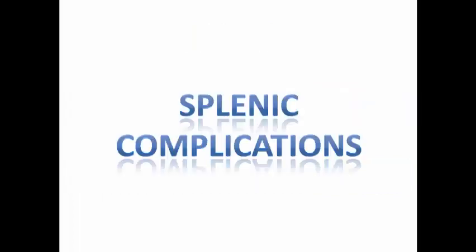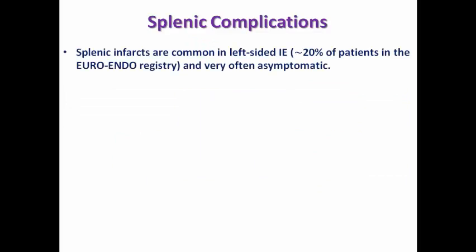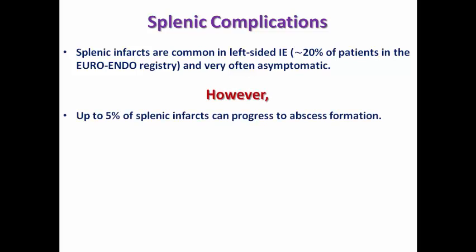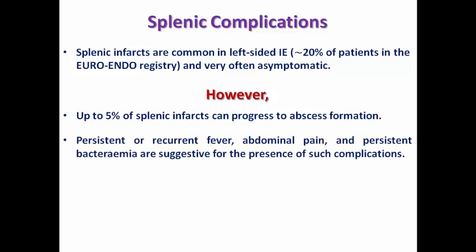And the second most common organ to receive emboli is the spleen, as splenic infarcts are common in left-sided endocarditis in nearly 20% of patients and often asymptomatic. However, 5% of patients may develop splenic infarcts up to abscess, and in this case the patient has recurrent or persistent fever, severe abdominal pain, and of course the follow-up blood culture shows persistent bacteremia.